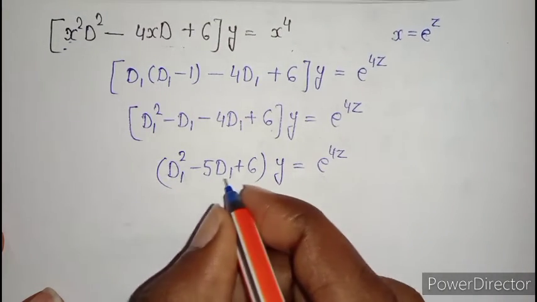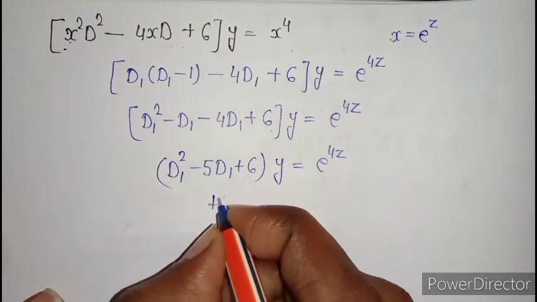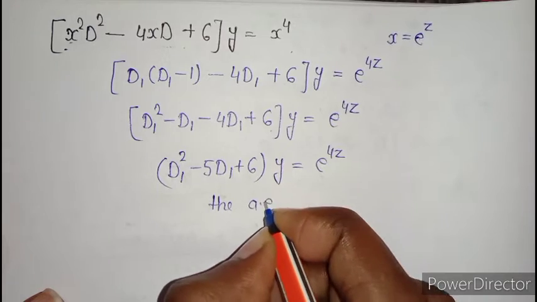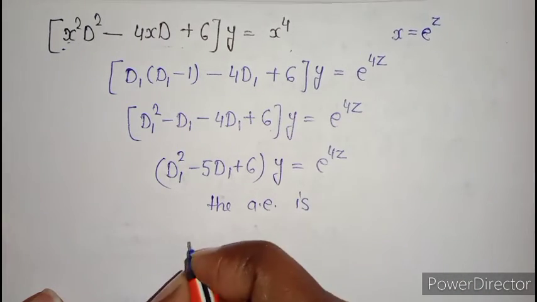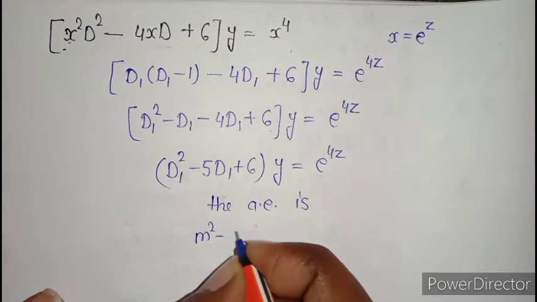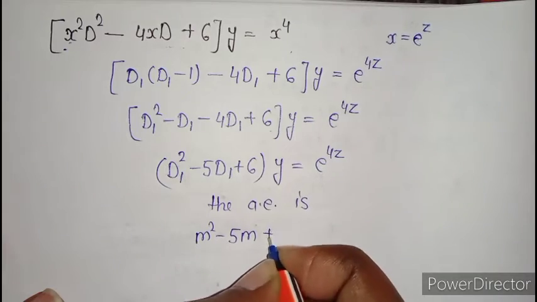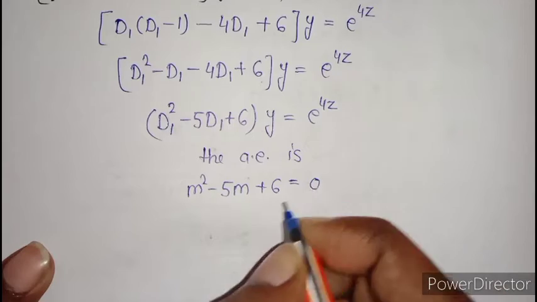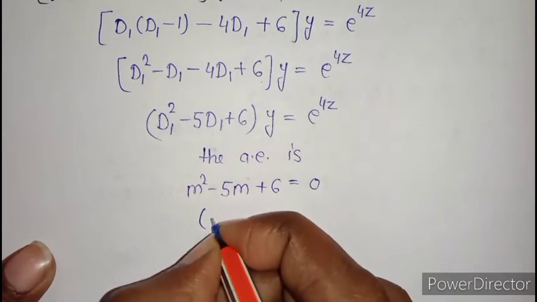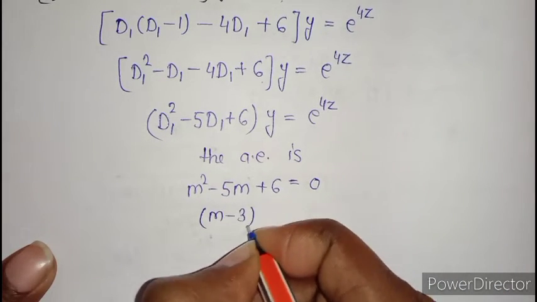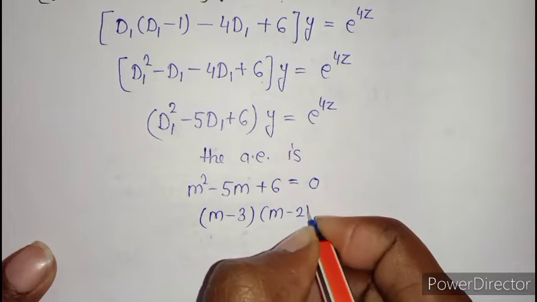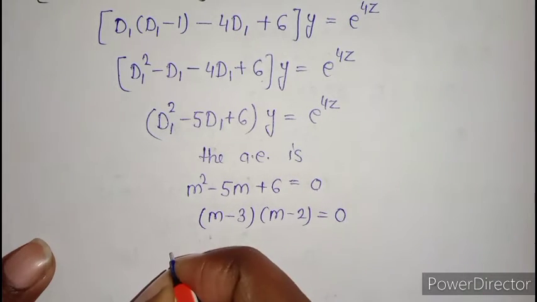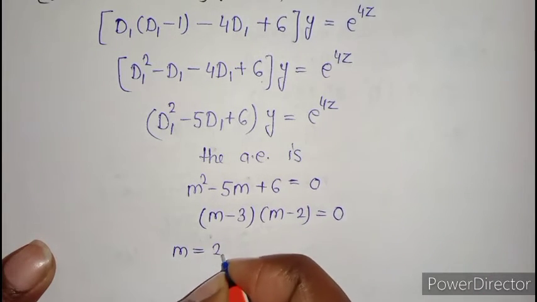So in order to solve this differential equation, firstly we have to write the auxiliary equation. So the auxiliary equation is m square minus 5m plus 6 is equal to 0. If we factorize it, we get m minus 3, m minus 2 is equal to 0. So there are two roots, which are 2 and 3.